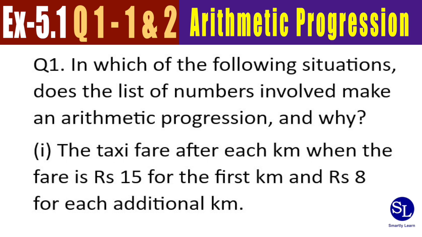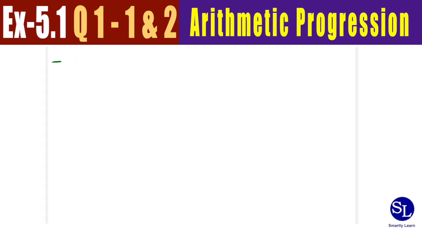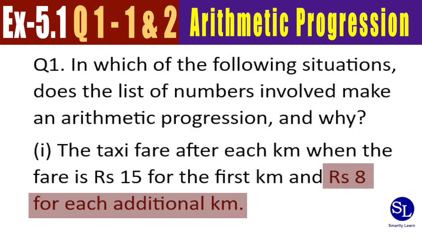So what was given to us? The taxi fare for the first kilometer. So let us note down that taxi fare for first kilometer is going to be equal to rupees 15. The next statement was rupees 8 for each additional kilometer.